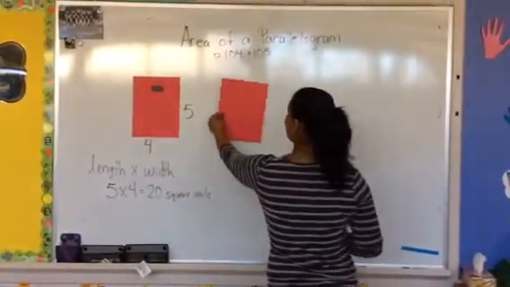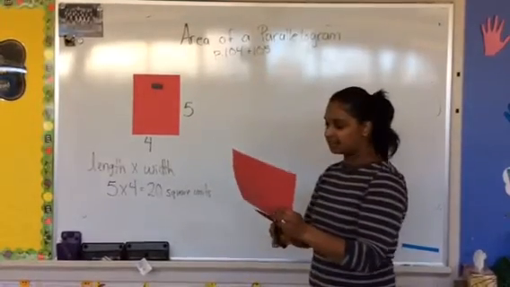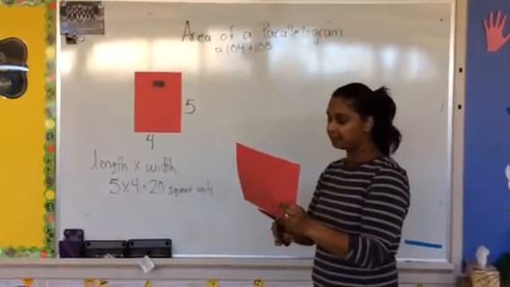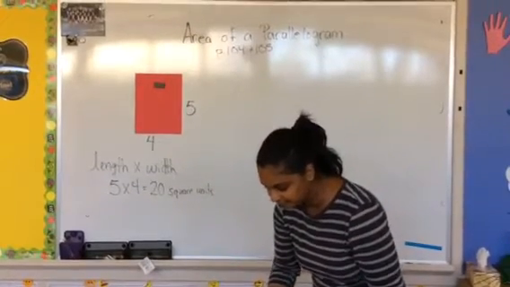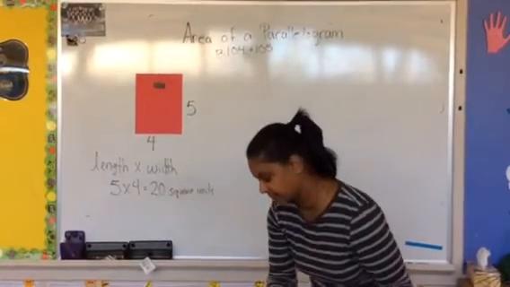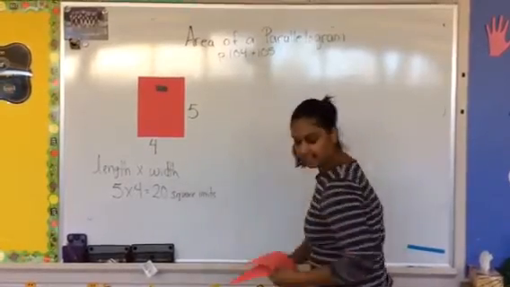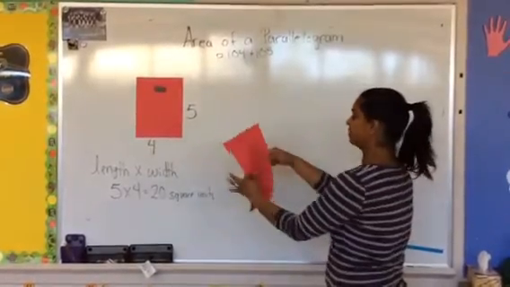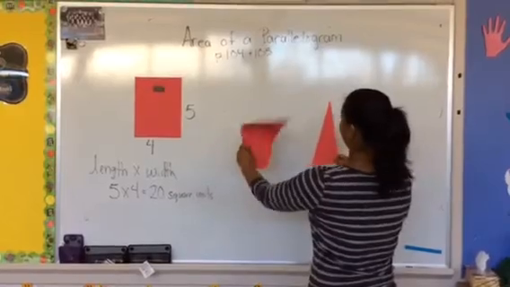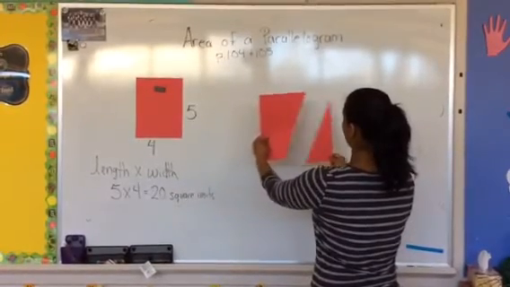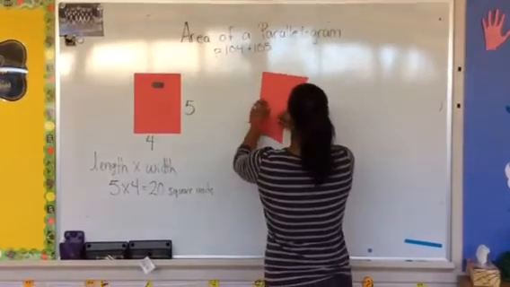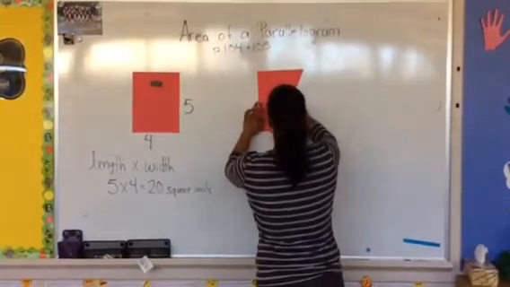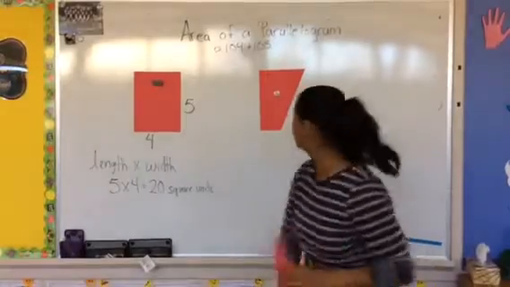So if I take that same rectangle and I cut out a triangle from the rectangle, I have now 2 pieces. I've cut out a triangle here from the rectangle. Together they still make the rectangle. It's the exact same rectangle as this one. And what I'm going to do is just rearrange it a little bit.